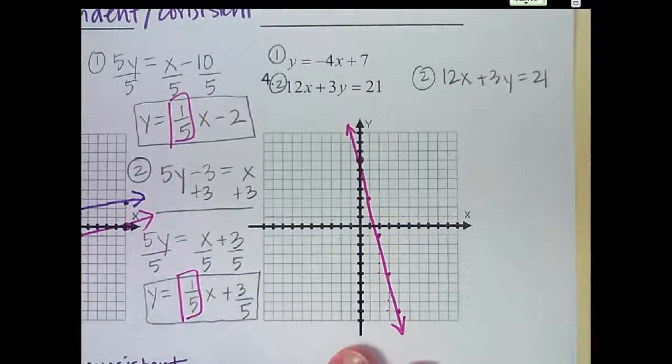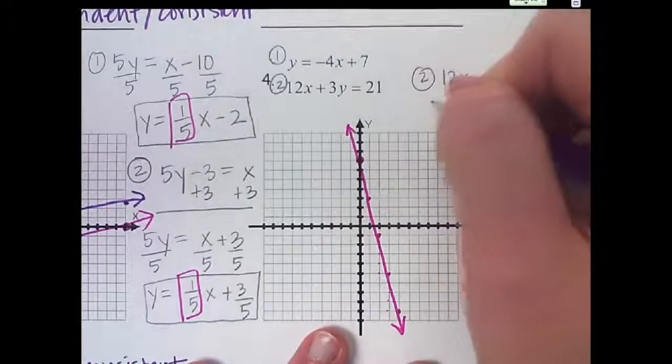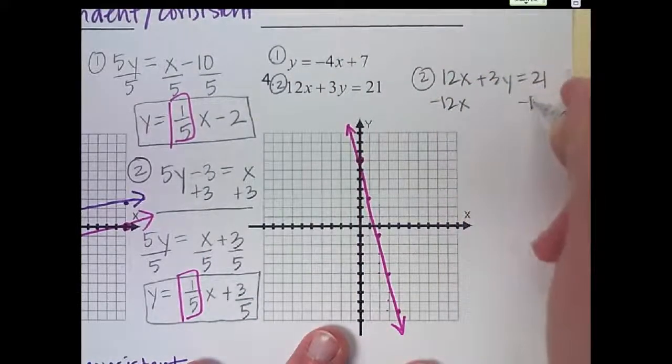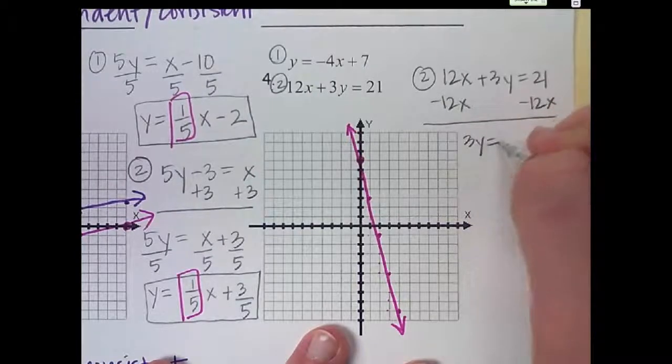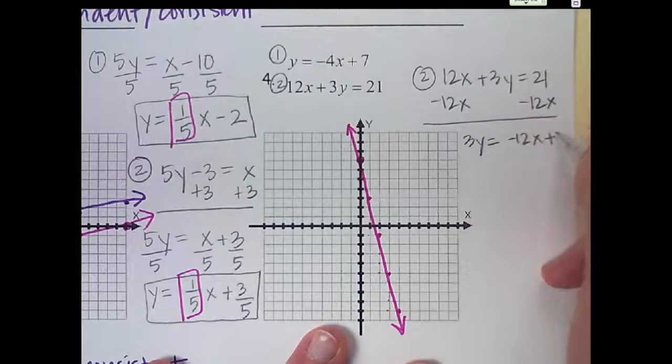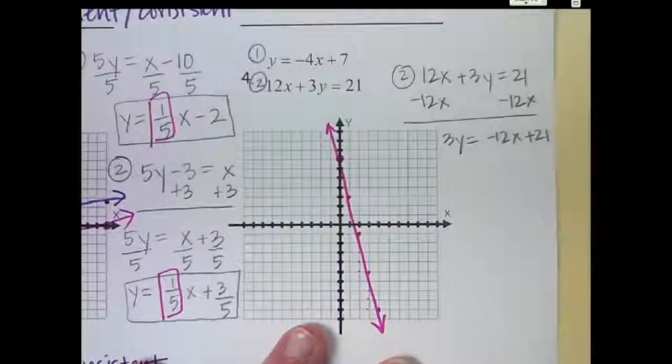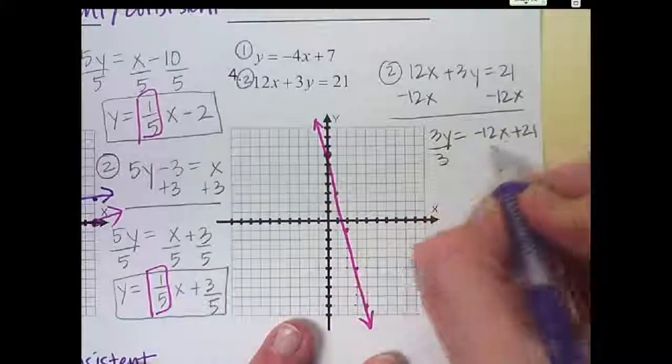So I graph the first line, and then the second one I have to get y by itself. So I'm going to subtract over the 12x. And divide by 3 on everything.